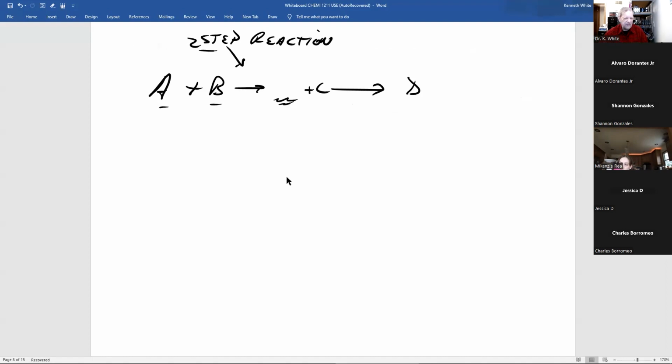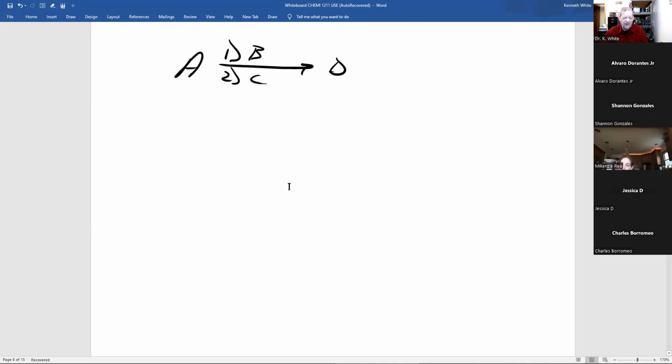Well, organic chemists are lazy, and an easier way to write this is: step one, you react A with B, and whatever you make from that reaction, in step two, you react it with C to make D. And that's how we do it. Who started it, I don't know, but we do that.